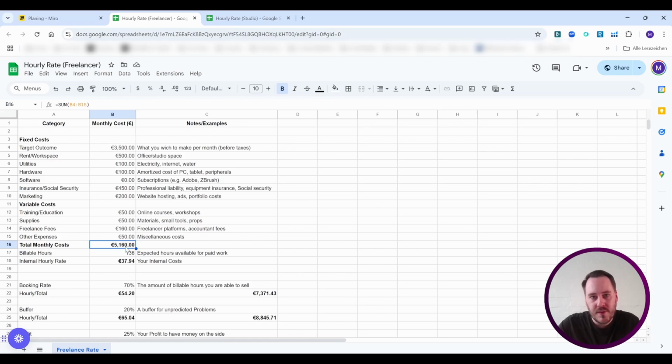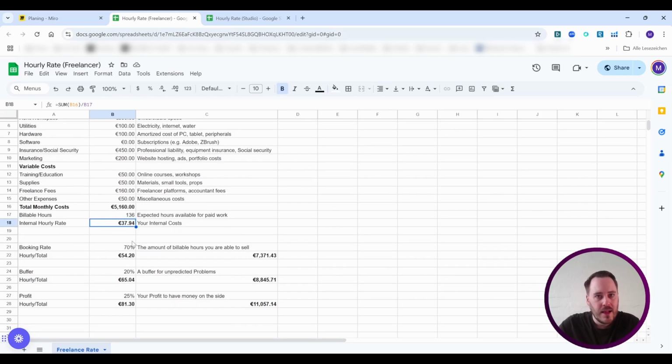So to reach this number with this amount of hours, you need 37.94 euros per hour. This is what your costs are. So this is a zero sum here. But then you have to take into account that you will not be able to sell all of your hours all of the time. There will be some off time.